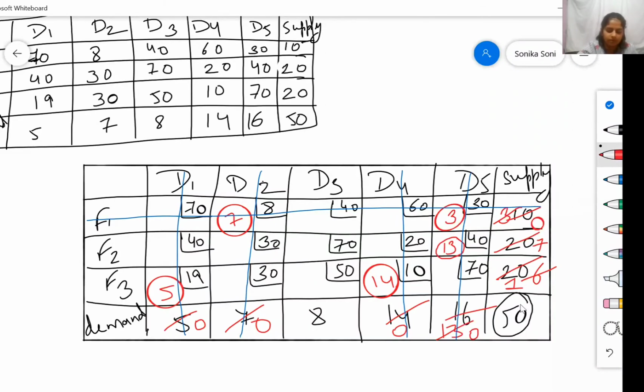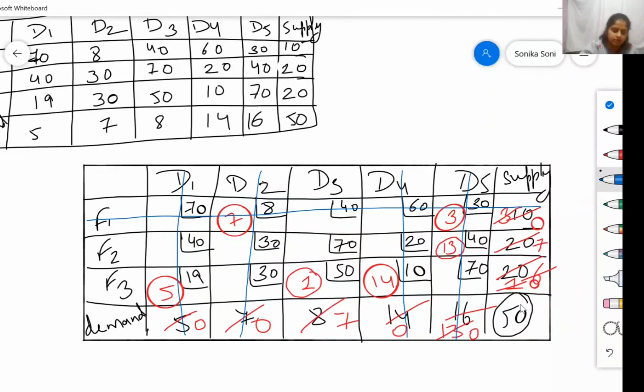Now we are only remaining with the D3 column with 70 and 50. Now which is the lowest here? Here we have 50 as the lowest. So how much can we allocate there? Only 1, because supply is 1 and demand we have is 8. So only 1 we can allocate. Then the demand becomes 7 and supply becomes 0.